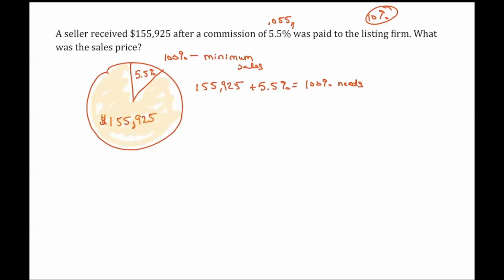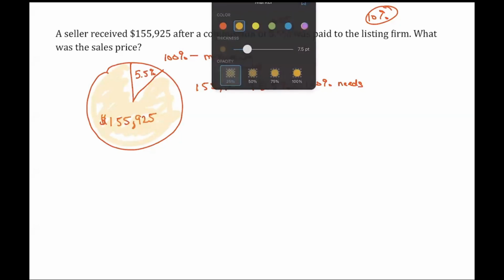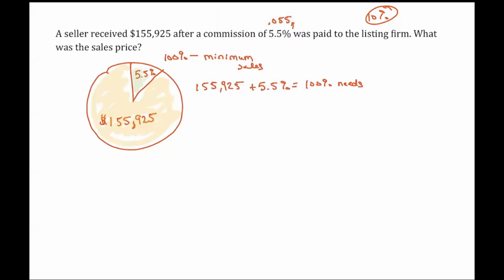But that's okay because this image works with us. If this part is 5.5%, then if all of this is 5.5%, what is the percentage for the rest of the circle? If all of it is 100% and we take away 5.5%, what does it make the rest of that orange? What percentage of the circle is left over if you take out 5.5%?